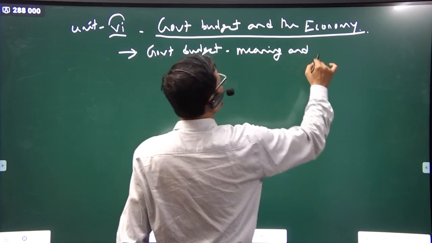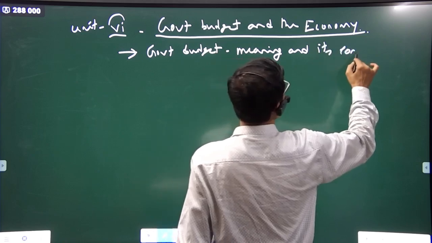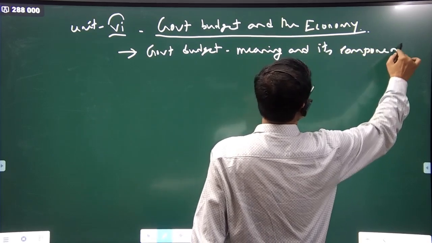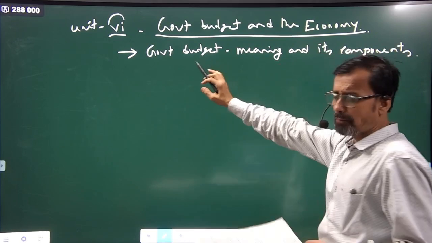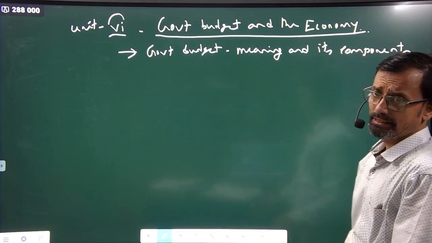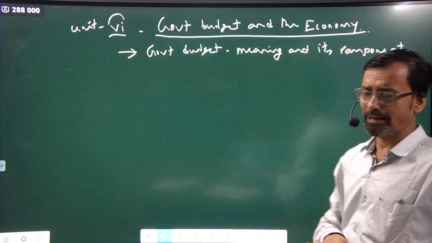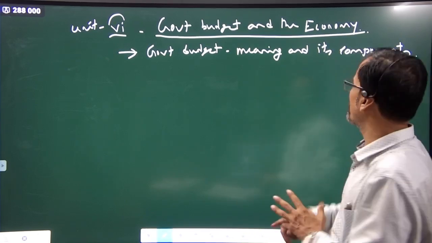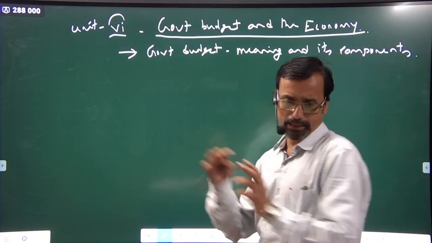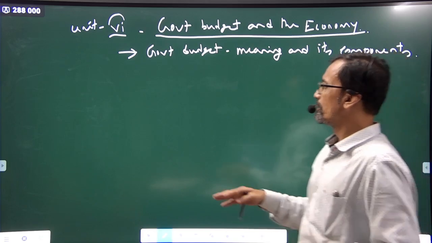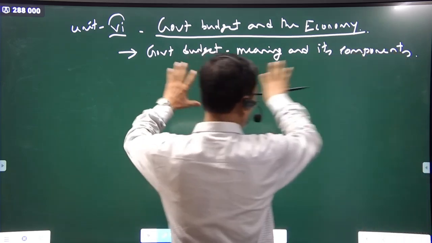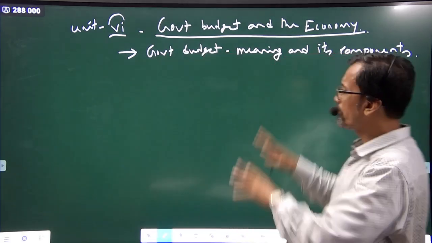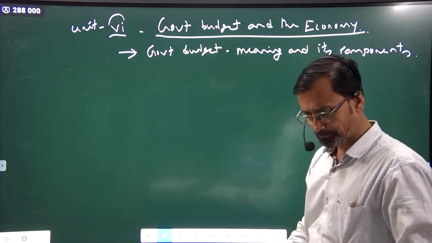Different components of budgets are there: capital budget, revenue budget, similarly revenue receipt, revenue expenditure, capital receipt, capital expenditure. We must know the definitions of all the components of budgets.